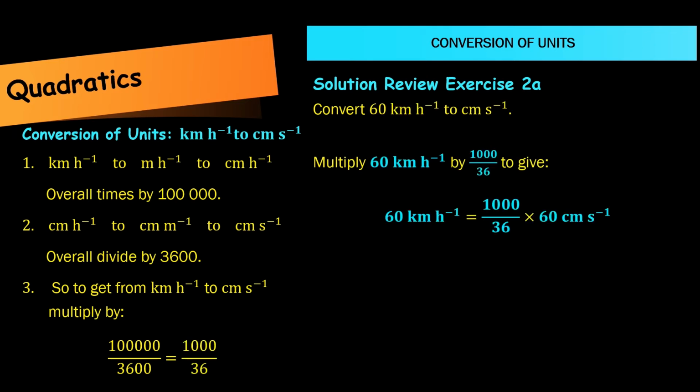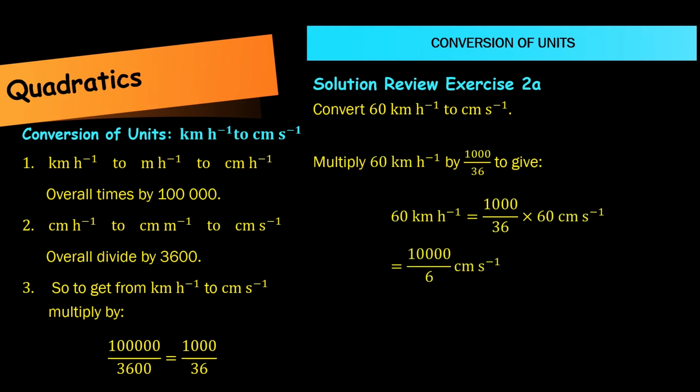To give this expression here, 1,000 over 36 times 60. Which equals 10,000 over 6 centimeters per second. And this gives us 1,666 2/3 centimeters per second.